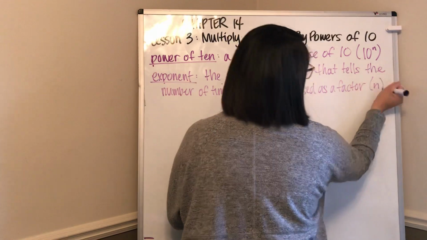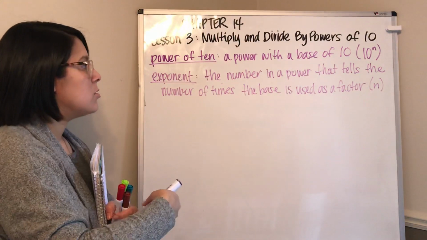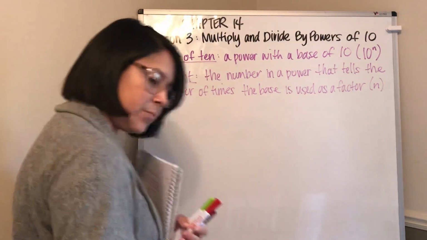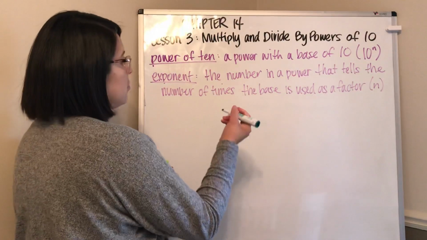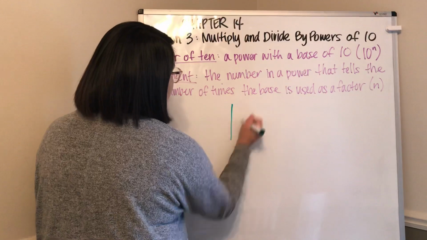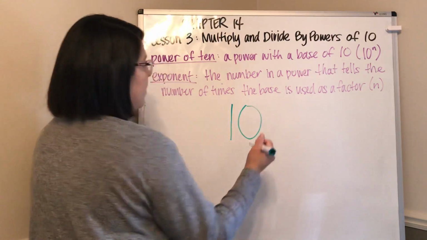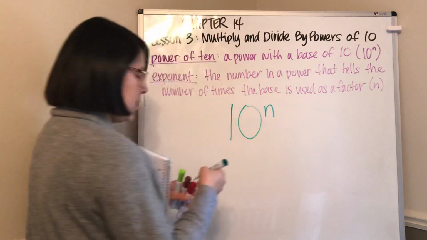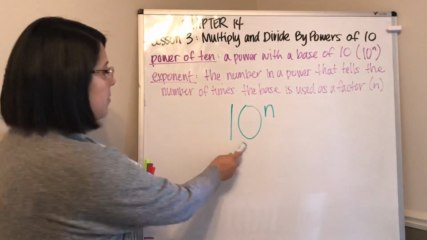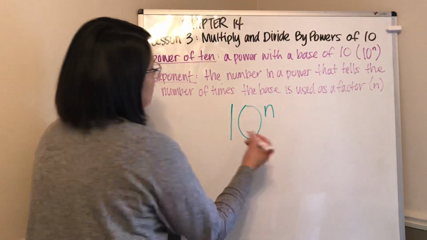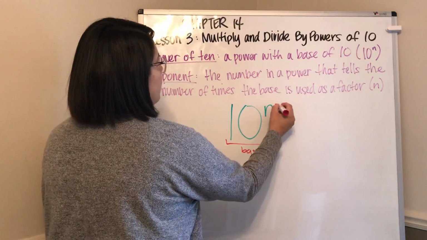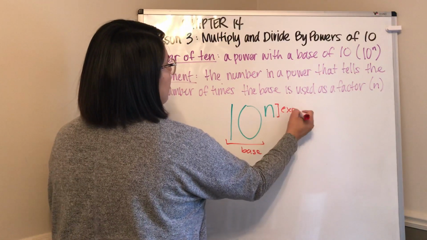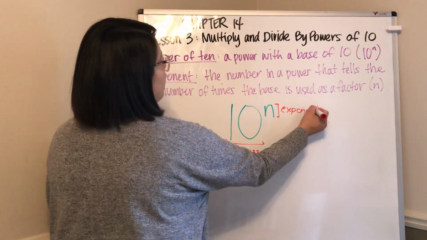Okay, and then that's going to be the n part. So if I were to do a 10 here, and then an n, 10 to the nth power, this is my base, and this is my exponent.